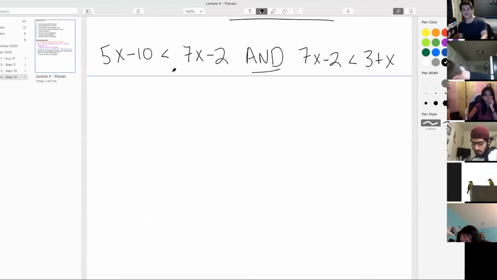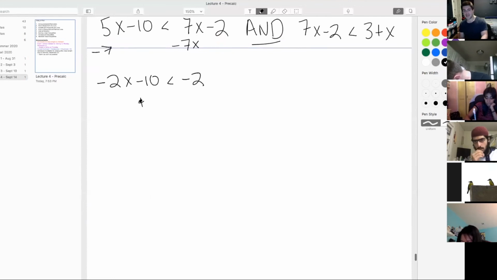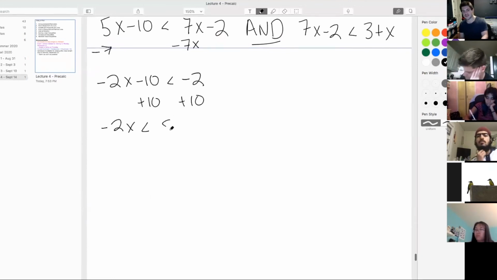Okay, so I'll start with the left one. Let me subtract 7x from both sides here. So I'll get that negative 2x minus 10 is less than negative 2. Now let me add 10 to both sides. I'll get that negative 2x is less than 8.